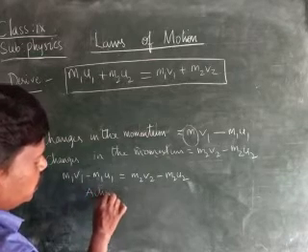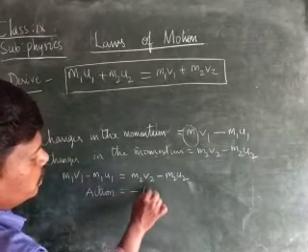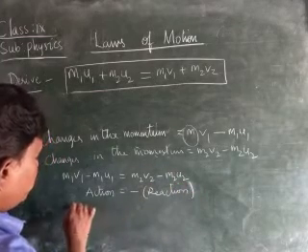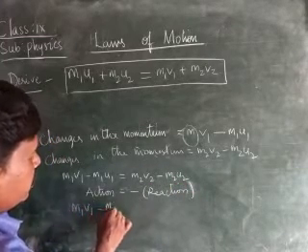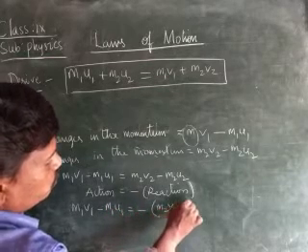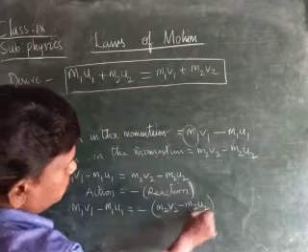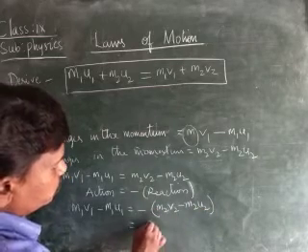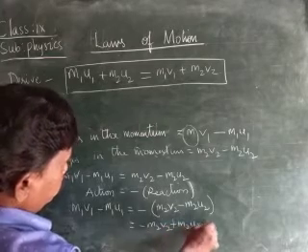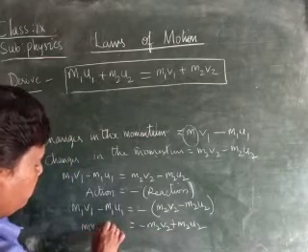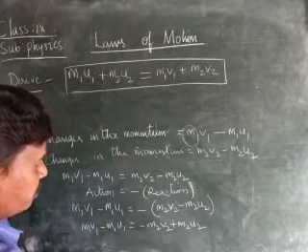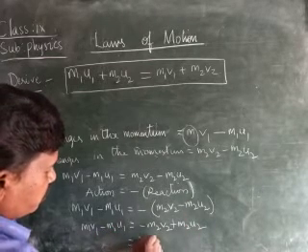Newton's third law says that action is equal to minus reaction. Therefore, m1 v1 minus m1 u1 is equal to minus of m2 v2 minus m2 u2. Here minus into minus is plus m2 u2. By transposing minus m1 u1 to that side, it becomes plus m1 u1.